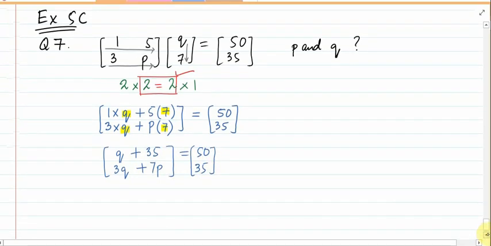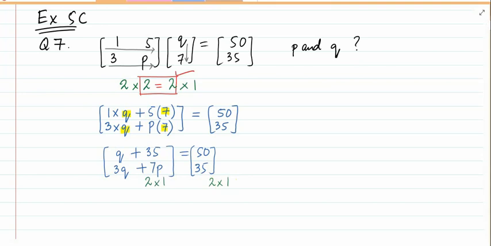Now, if we note down the order of the matrix on both sides, on the left side there are 2 rows and 1 column. It's 2 by 1. On the right side, it's 2 by 1 as well. Both sides, the order of the matrix is the same. That means now you can equate the matrices.